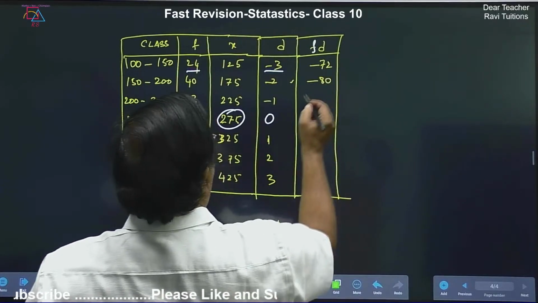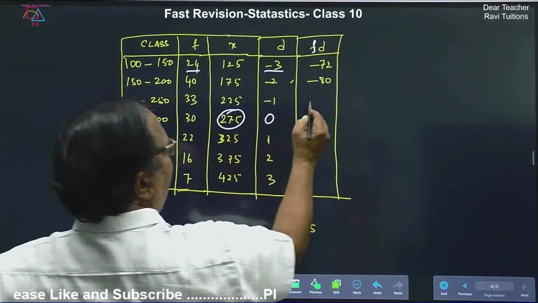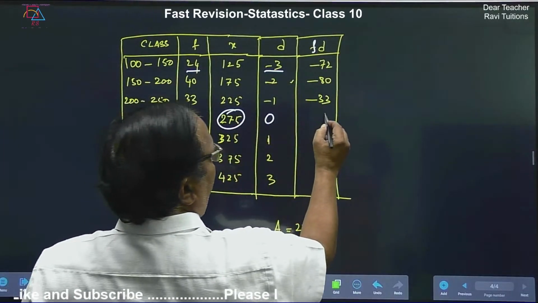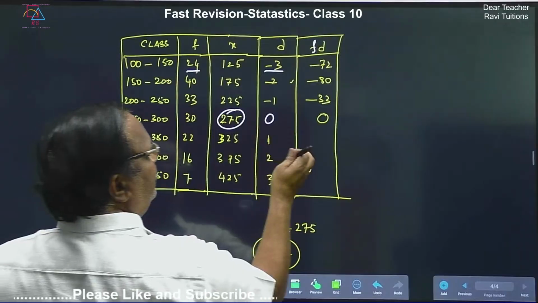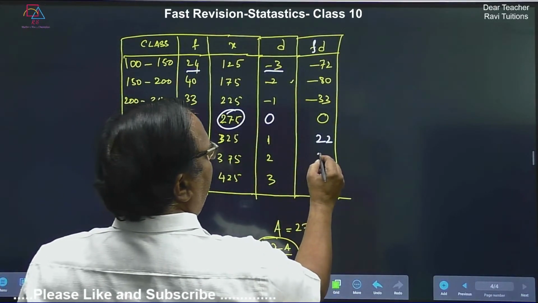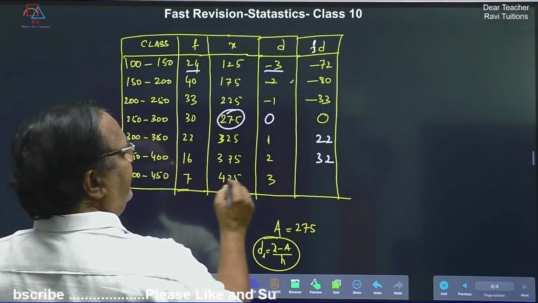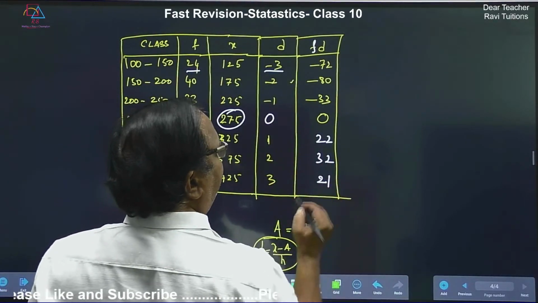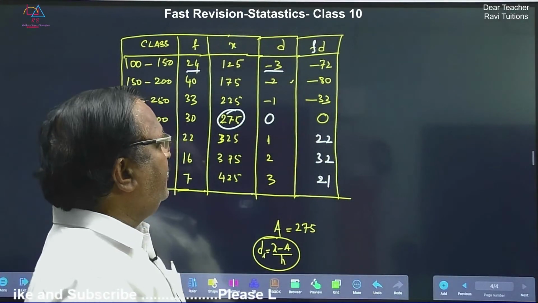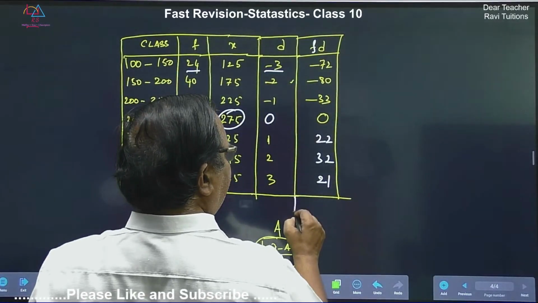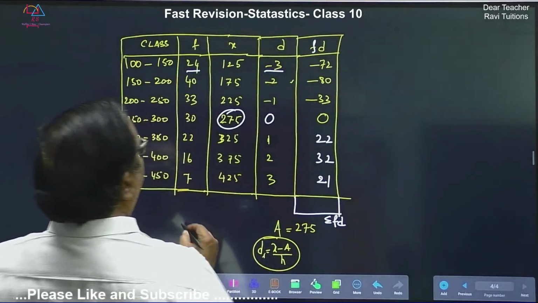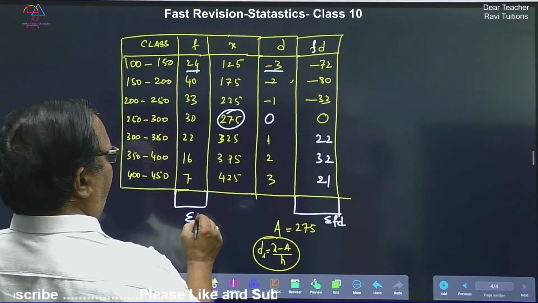See, easy multiplication. 33 into minus 1, minus 33. 30 into 0, 0. 22 into 1, 22. 16 into 2, 32. 7 into 3, 21. Okay. So now you have to add these things. So this will be sigma fd. You have to add this sigma f.